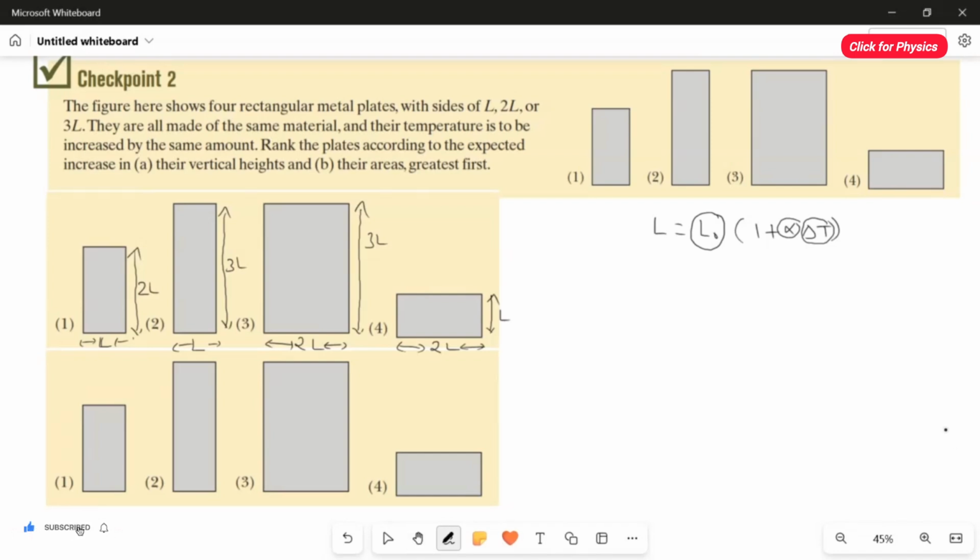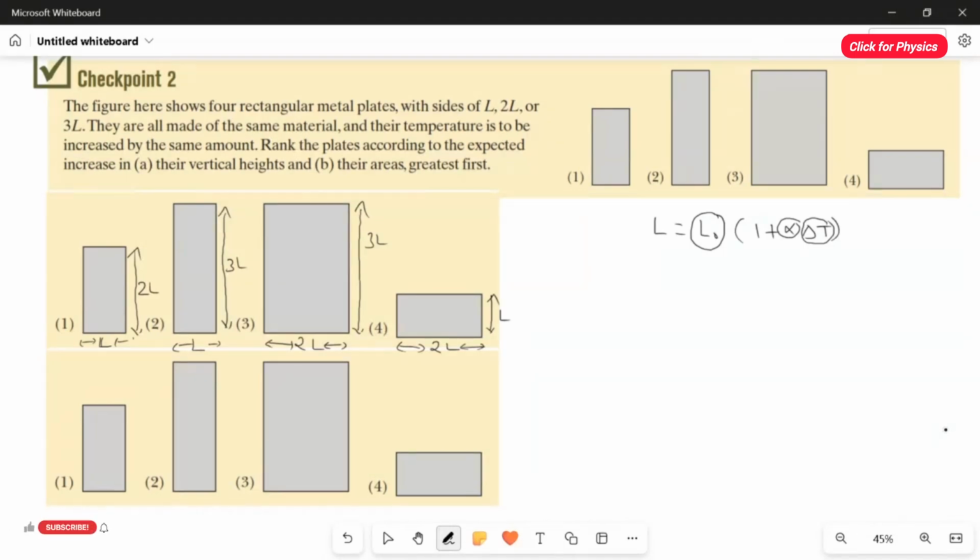So let's see here. The first figure's vertical height is 2L, the second figure's vertical height is 3L, the third is 3L, and the fourth one is L. When you increase the temperature by the same amount, what will happen? Figure 2 and figure 3 vertical heights will increase the most, because their original length is the greatest.